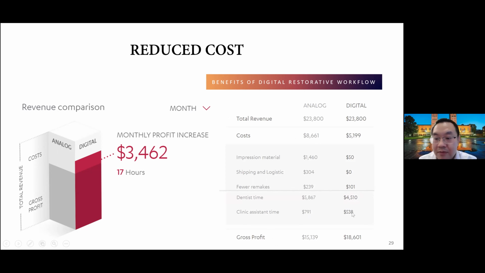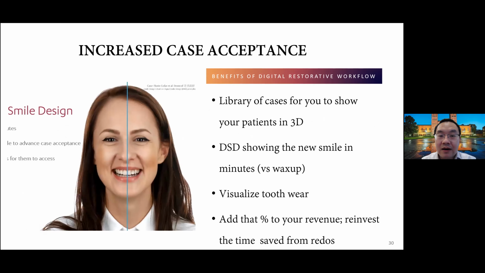Because every single time the patient is in the chair is costing you and your assistant at the same time. Of course, you're going to cost 8 times more than your assistant, but that's money, right? So if you're talking about $3,500 just from crowns alone, add in more other applications you're going to put in your practice, right? It's going to add up quite a bit at the end of the year.